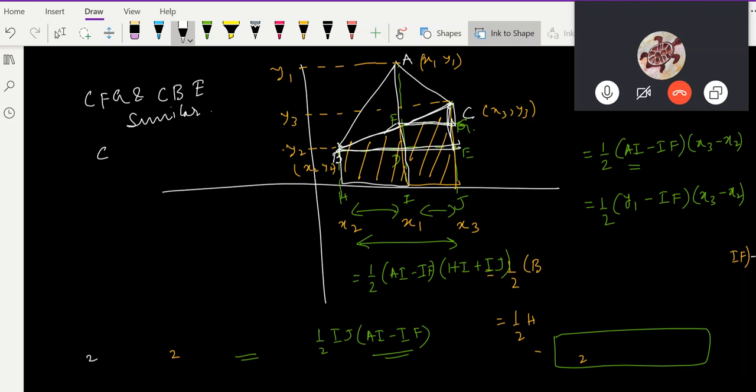I will go with the x and y ones. So let's try and equate the x and y part. So CG, which is the side of the small triangle, over CE, which is the side of the bigger triangle, is equal to FG by BE, right?